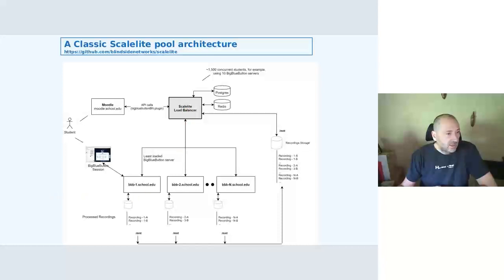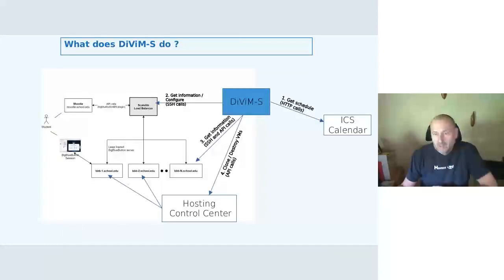And in addition, the servers are always on most of the time in a classical Scaleway pool architecture, even at times when they are not in use. For virtual machines rented by the hour, this represents a considerable expense. This is where DiViM-S comes in. So this is the same diagram, but I added DiViM-S.